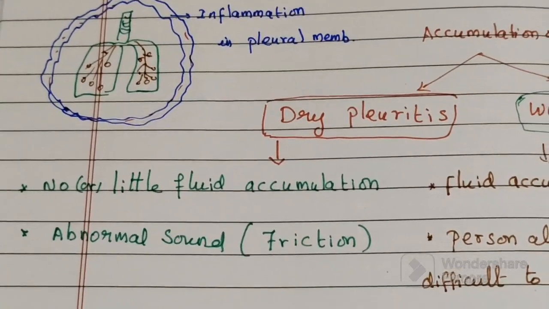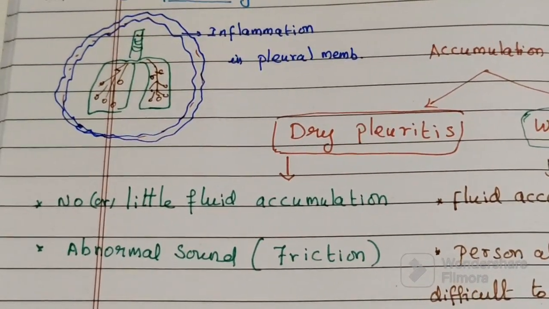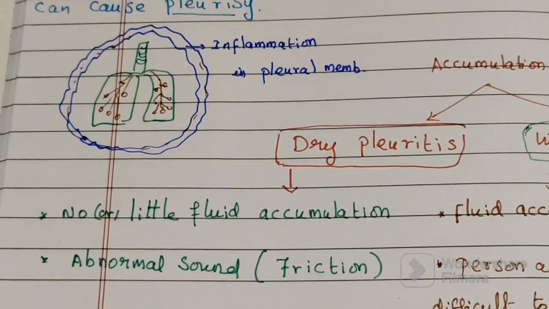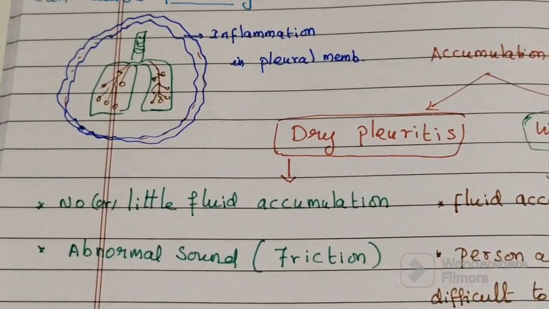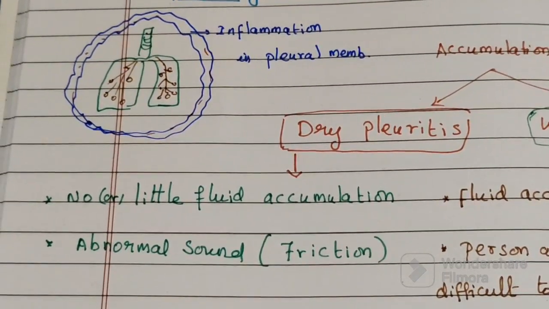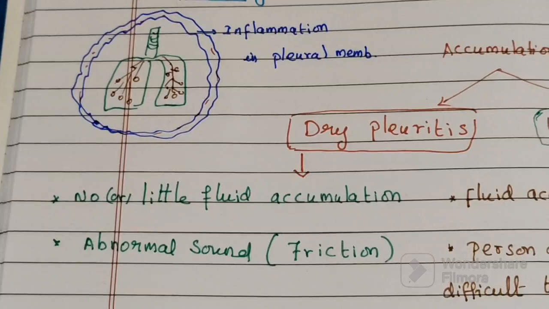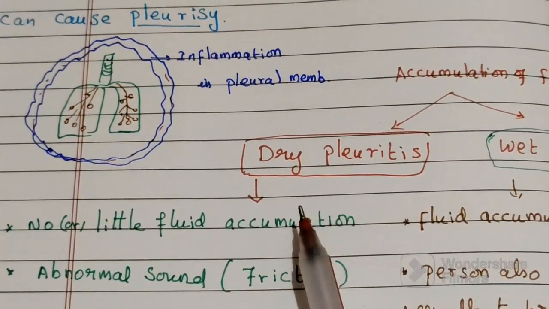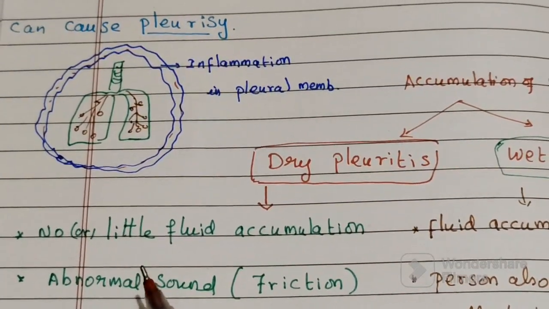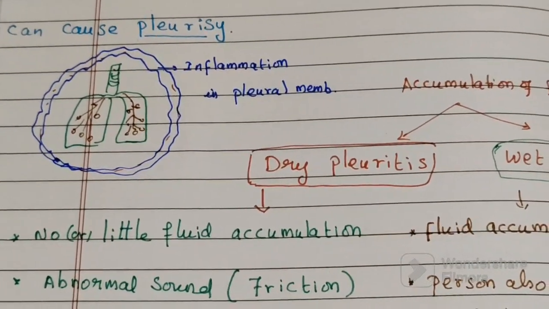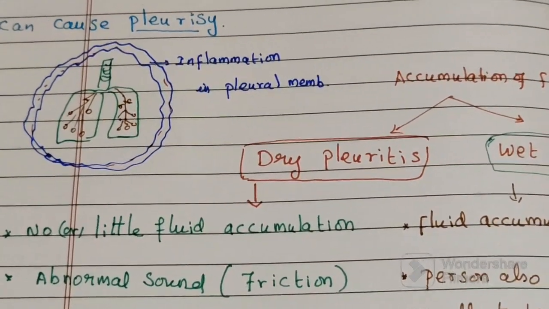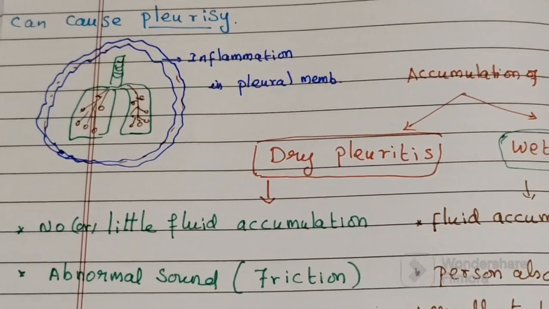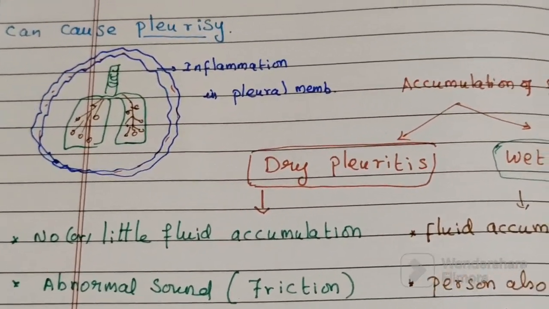Because of friction. When the patient breathes, there is friction between the pleural membranes and the chest cavity, and that's why the abnormal sound comes. So dry pleuritis: no or little fluid accumulation, and the patient feels an abnormal sound because of friction.